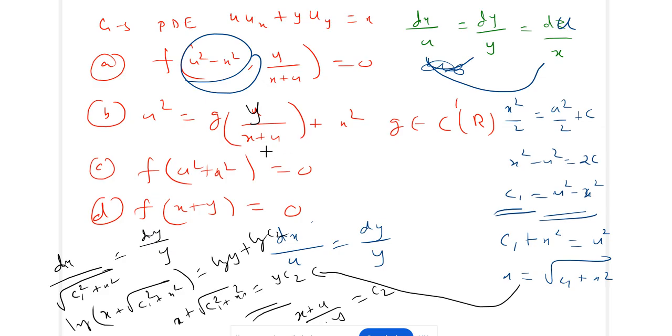In both places it is y by x plus u. So if we take the reciprocal, that is also a solution. For 1 by c2 we can give another constant name, c3. So y by (x plus u) is nothing but c3. So this is the solution.